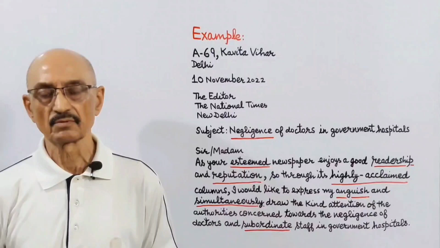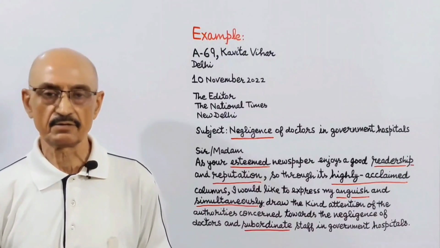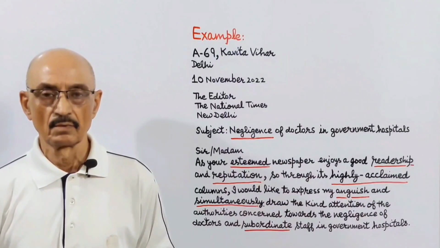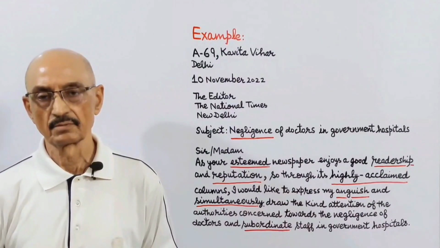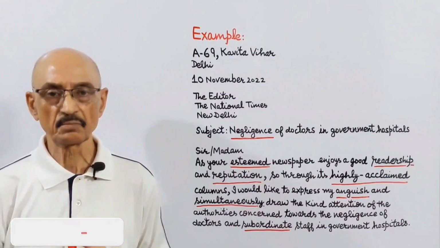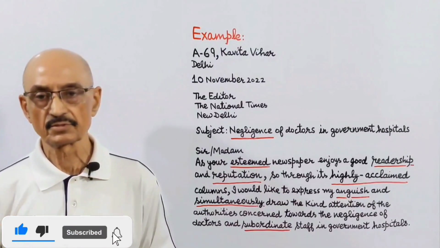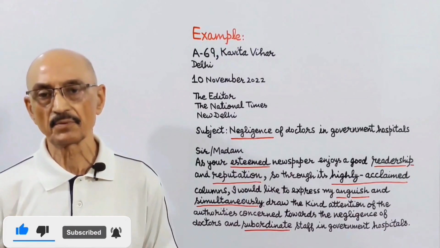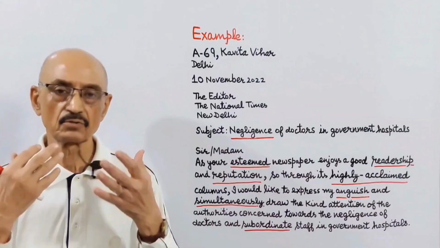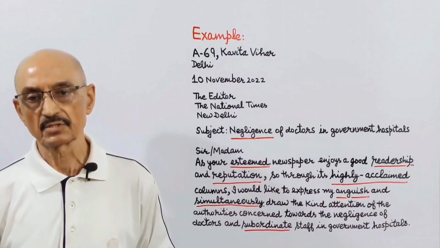After the salutation, you will start writing the opening para of this letter. Almost all the students write the sentence of this opening para like this: "Through the columns of your esteemed newspaper, I would like to draw your kind attention towards such and such a problem."